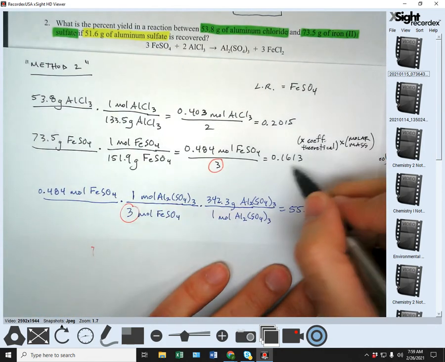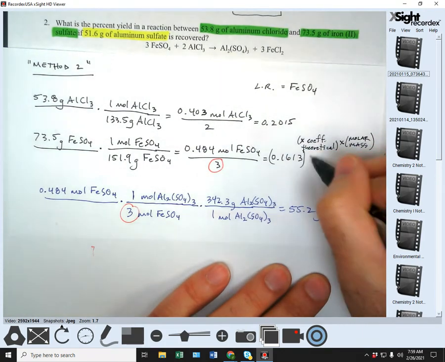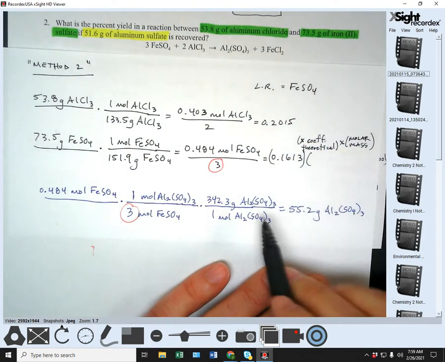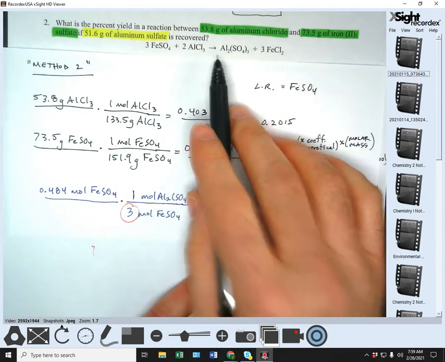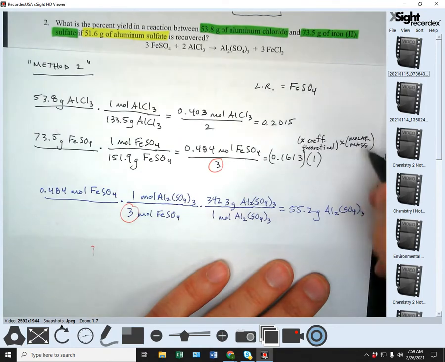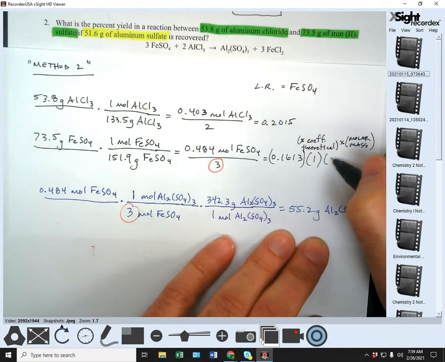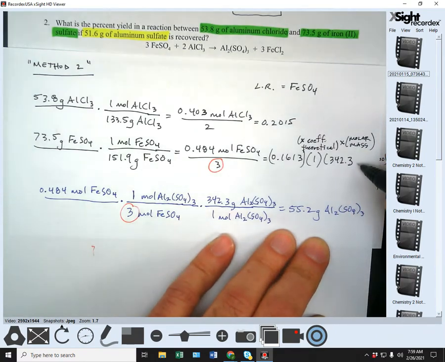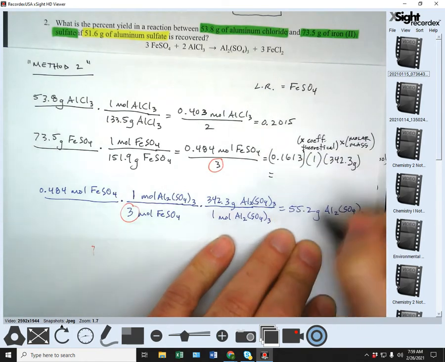So we would take this times the coefficient for the theoretical. The theoretical is Al2SO43. The coefficient is a 1 times the molar mass for that, for the theoretical, 342.3 grams, and we're going to get that number.